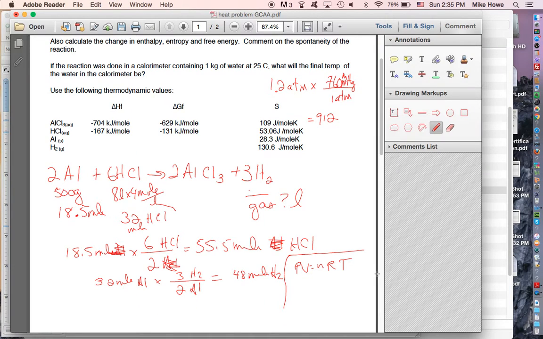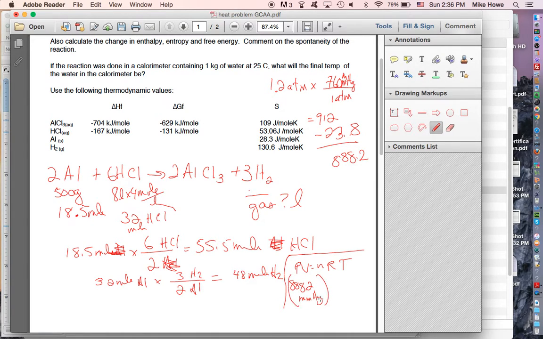So that's 23.8. So we'd have 912 minus 23.8, and that equals 888.2. So we'd have to use that for pressure, 888.2, and that's millimeters of mercury.